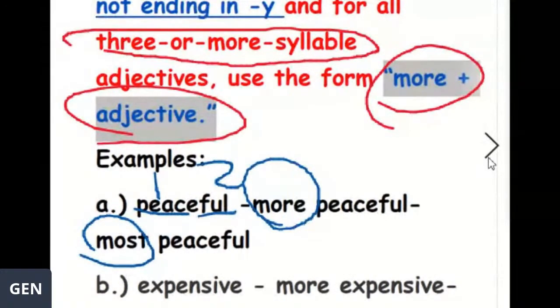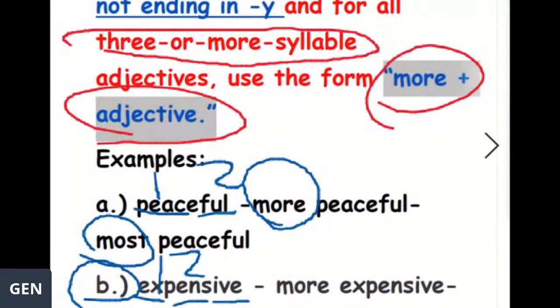Next, for the second one, letter B, expensive. One, two, three syllables. So you have to add more or most: more expensive and most expensive. That's the rule. Okay?